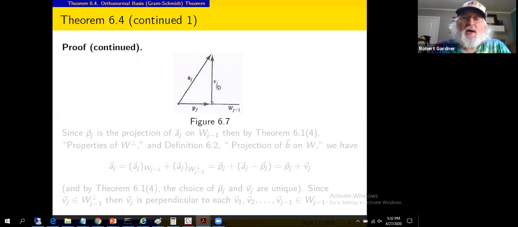We said v sub j equals a sub j minus p sub j. So what we've got is, at some point, we've created a j minus 1 dimensional subspace, and we're looking at the next, the jth basis vector, a sub j, and we're projecting it onto W sub j minus 1.